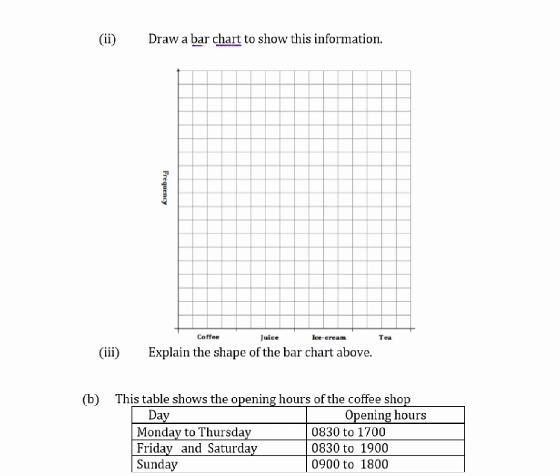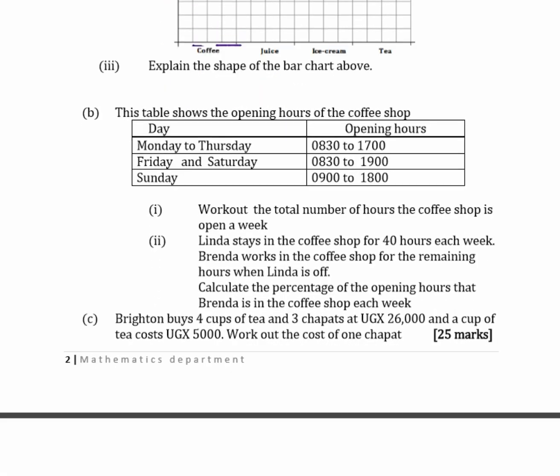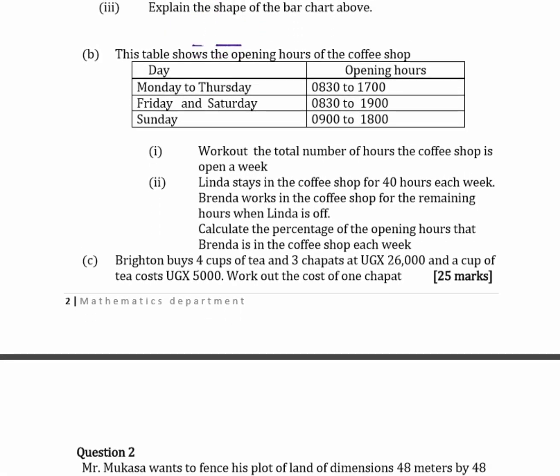Part B. This table shows the opening hours of the coffee shop. We have day against opening hours, and they are saying that from Monday to Thursday, the coffee shop opens at 8:30 hours to 1700 hours.